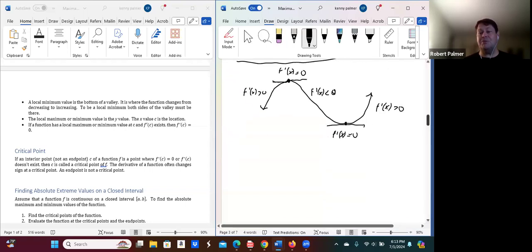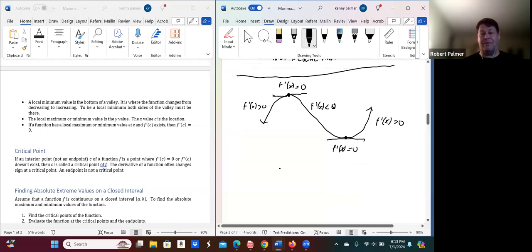Okay. Now, how could this break down? All right. Let's look at another graph, for example. Let's do a couple. So let's say we have something like this. Let's say we have a sharp corner right here.